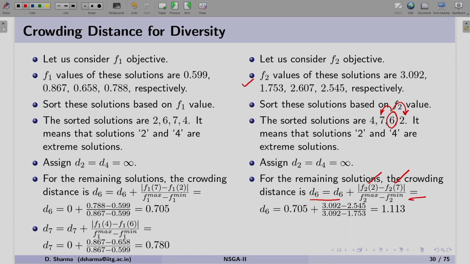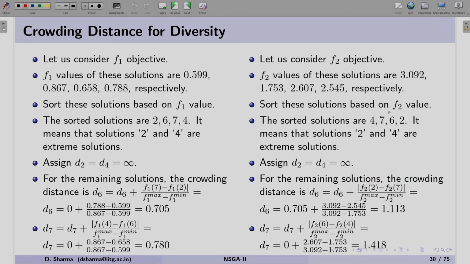All the required values are given on line number 2 on the right hand side, and when we put in the values, as you can see, the previous value of D6 is taken here and we calculated the other value, and the overall D6 value is 1.113.